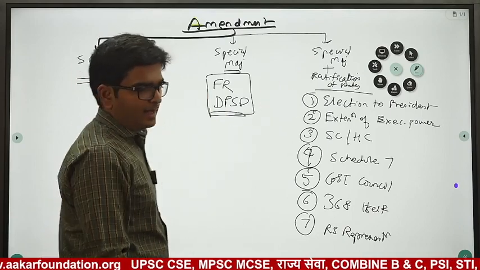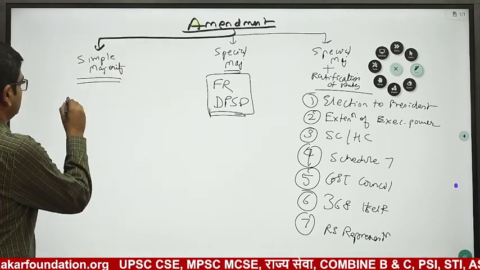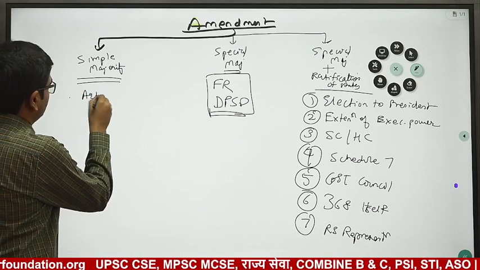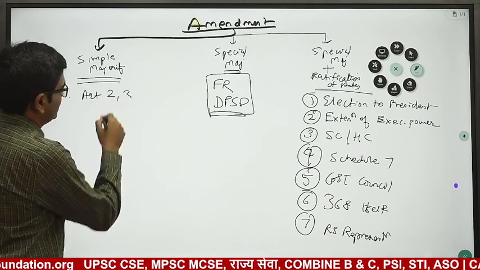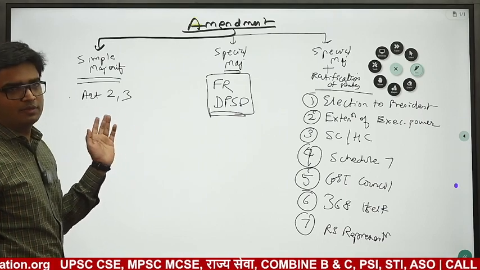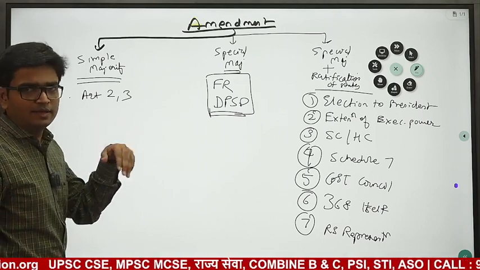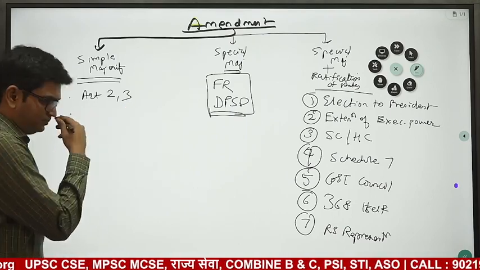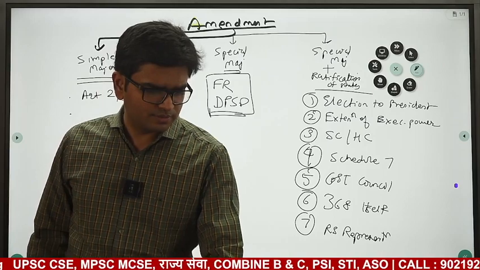These are the two main things which are amended by special majority, with no need to go to the states. And then for simple majority, for example, Article 2 and Article 3, regarding union and states, naming of a state, changing the name, changing the area, etc., union and territory. Then comes Schedule 2, I guess.